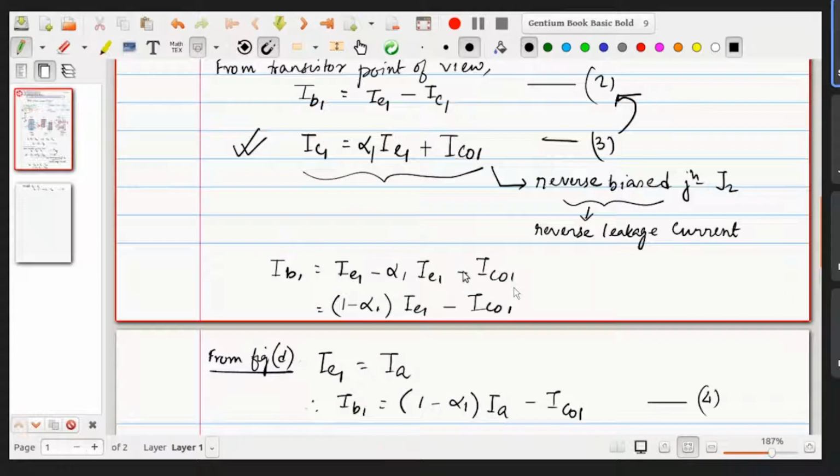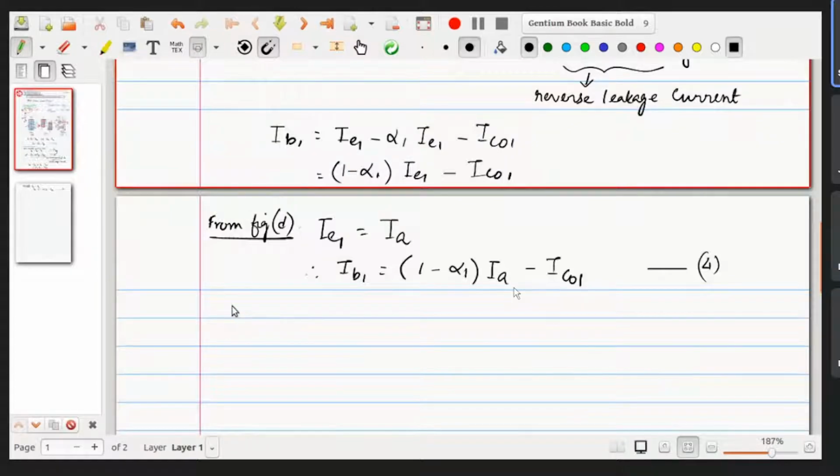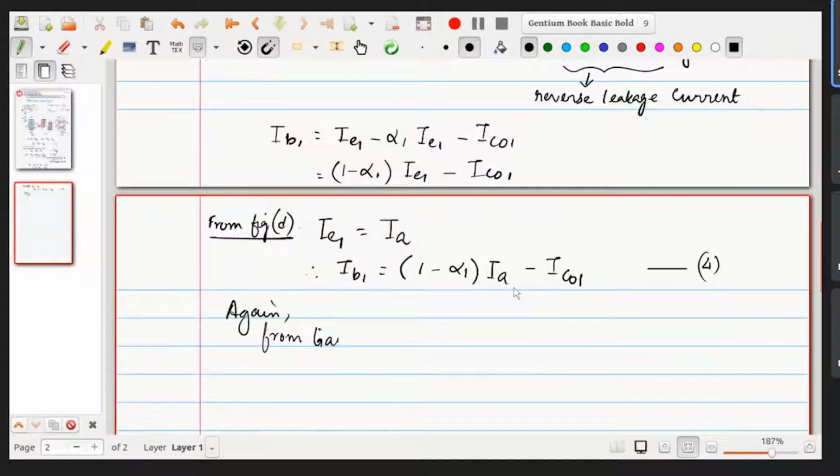So this is the basic transistor equations that we have studied earlier. So we know that again from transistor analysis, we can write that IC2 is alpha IE2 plus ICO2.